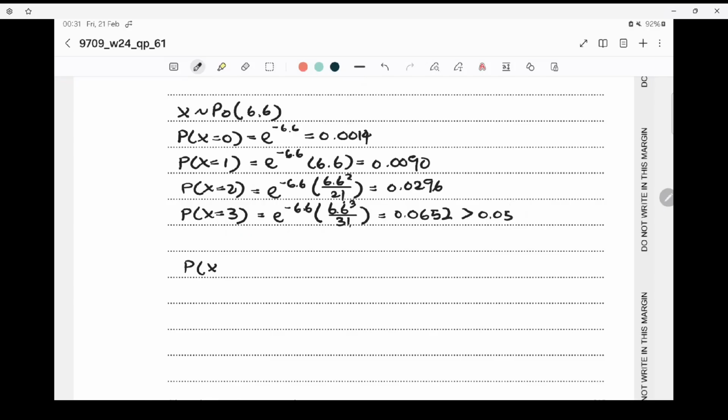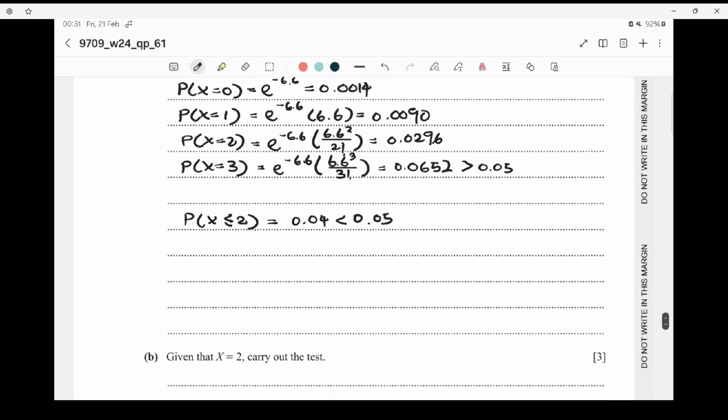You definitely need to stop at x equals 3. You sum 0, 1 and 2 together, you find that this is 0.04, which is smaller than 0.05. And when you sum with x equals 3, definitely it will be more than 0.05. So therefore, you know that x equals 2 is your critical value.